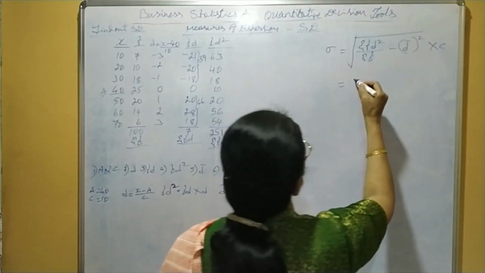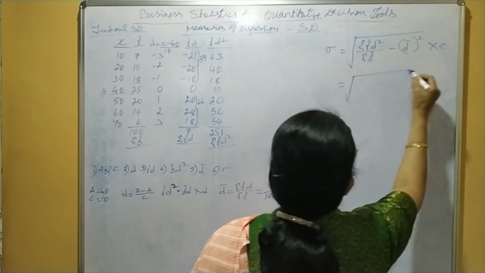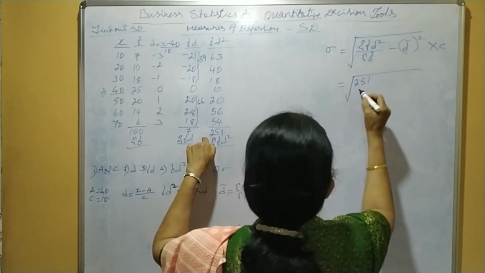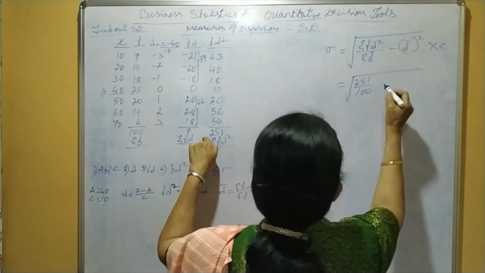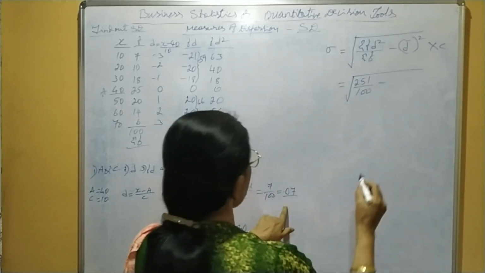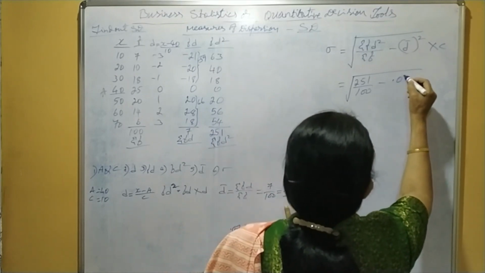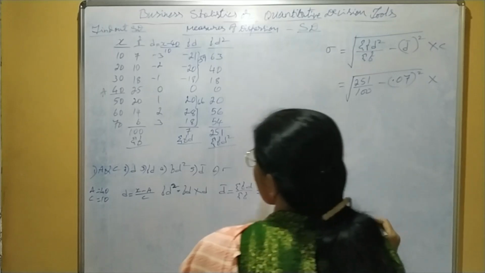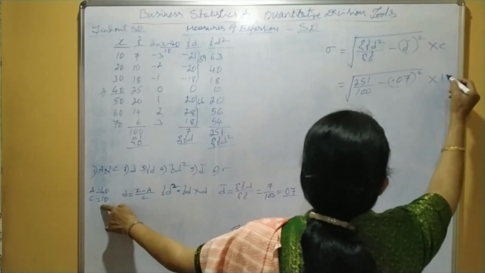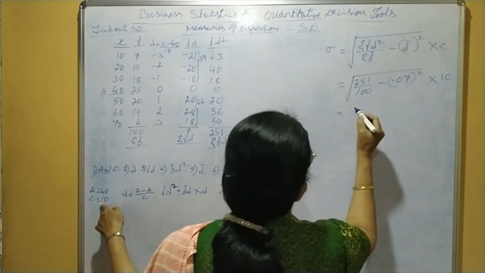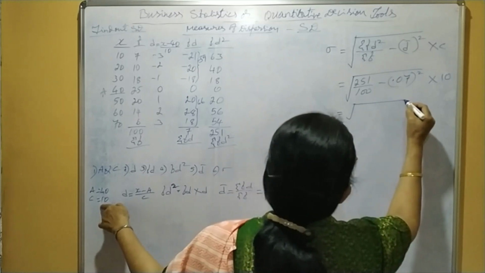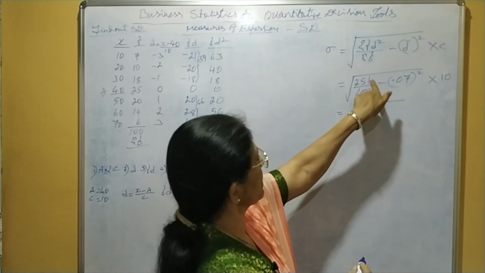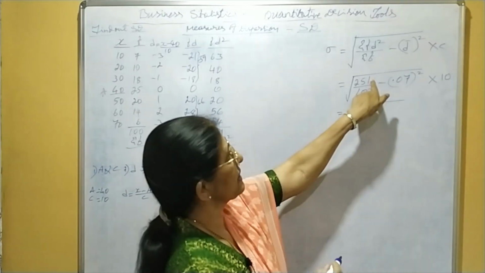Now, square root of sigma fd square, 251 divided by 100 minus d bar 0.07 whole square into c, that is common increment is 10. 251 divided by 100 means after 1 there is a decimal point.